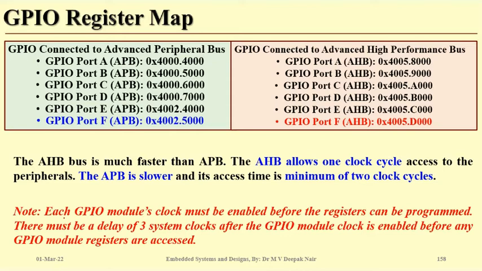But like I said before, to use any GPIO we must enable that particular module's clock. We have studied RCGC GPIO, which provides the clock to that particular GPIO bus.